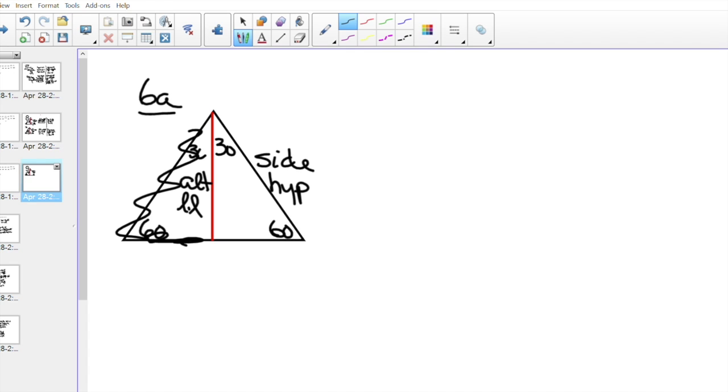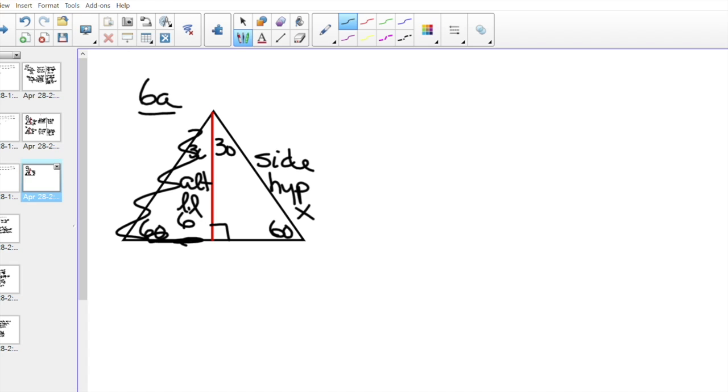Now it says find the length of the side, which is the hypotenuse, if you are given the length of the altitude. So, now remember the altitude in this case is 6. Well, the altitude is the longer leg of the right triangle.